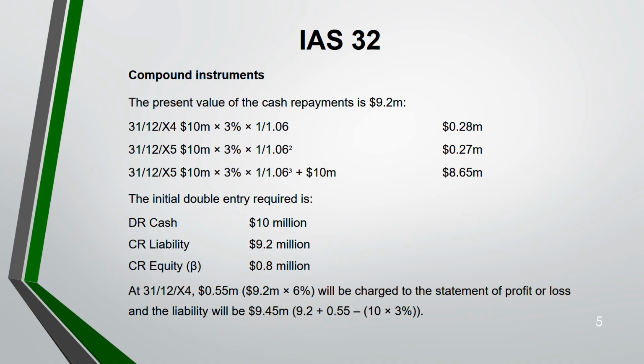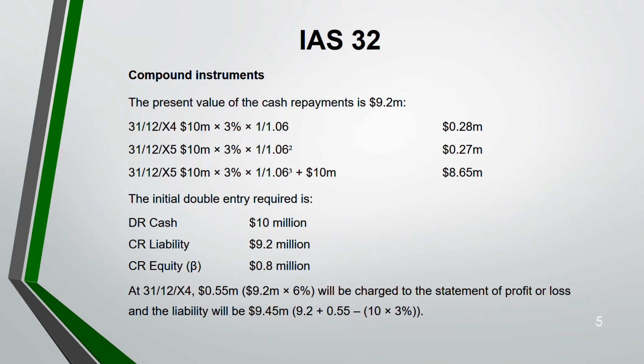Now, at 31st December 2004, remember we have to find the interest on 9.2 million. That is the present value of future payment, which is 9.2. So you have to find 6% of that 9.2, which is 0.55. So this 0.55 will be charged to your statement of profit and loss. It's an interest expense.